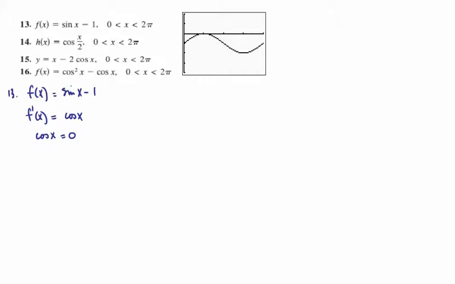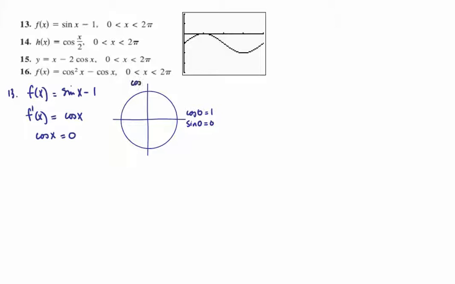when, if you recall your unit circle, we would have that cosine is 0. Cosine of 0 is equal to 1, but sine of 0 is equal to 0. At pi over 2, we have the opposite.